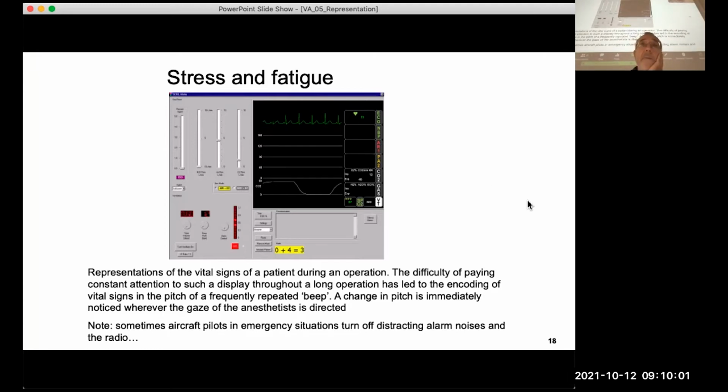Typically using sound. For instance, a beep, you see that in the movies, a beep representing the frequency of the heart can be noticed also when you are doing something else. You can perceive very easily the change in the frequency of a beep. Because sound is a totally orthogonal means for perceiving information.